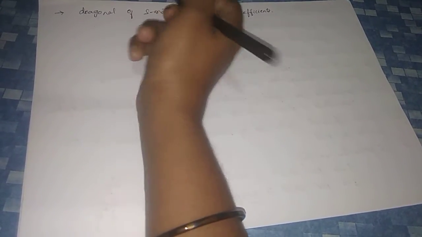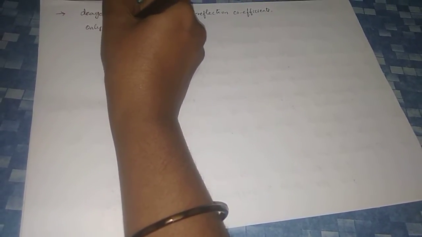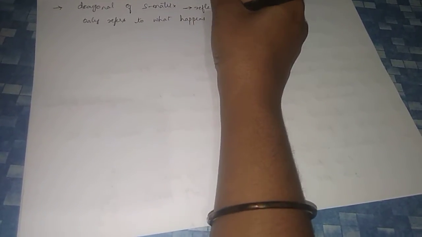Because this only refers to what happens at a single port. That is why reflection coefficients, the diagonal elements of the S matrix, only refer to what happens at a single port.